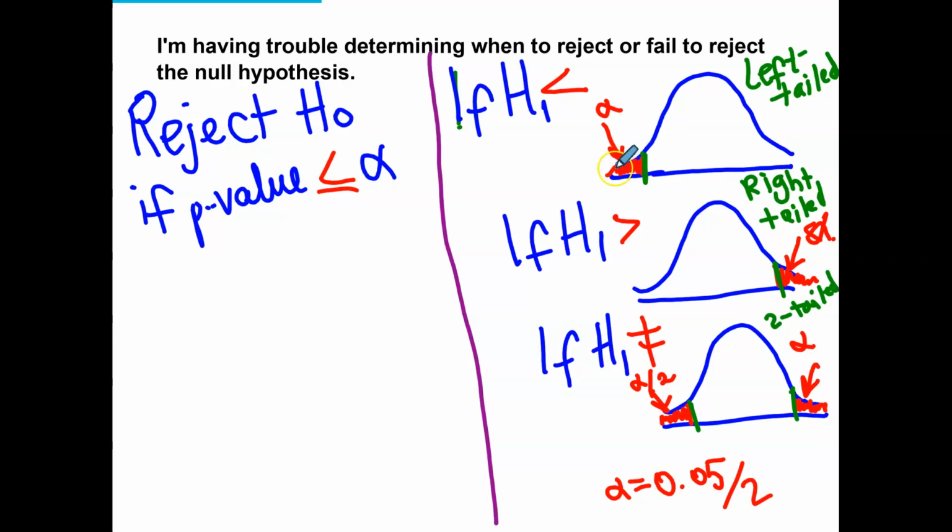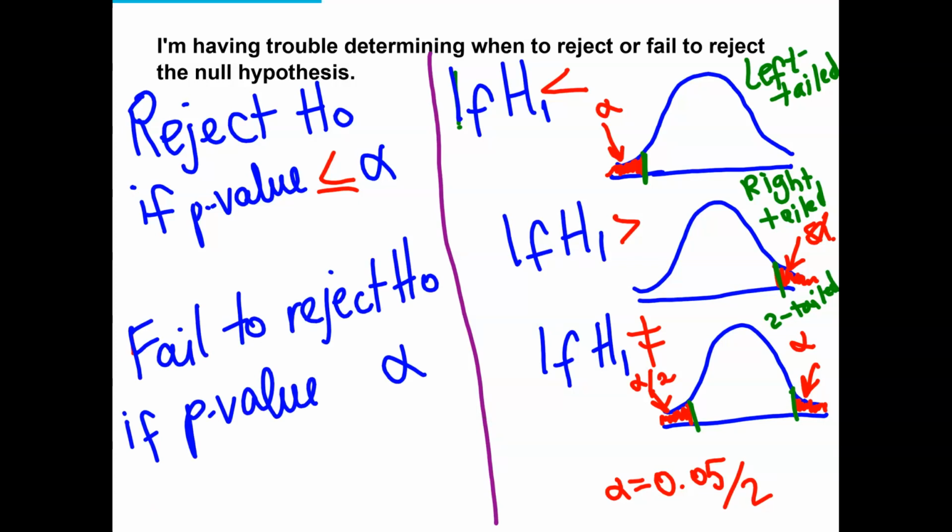If our p-value, our probability, is less than the alpha, the critical region that we're testing it against, that means the probability of something happening by chance is lower than our alpha, usually 5% or 1% or 2%. The most common are 0.05 and 0.01.